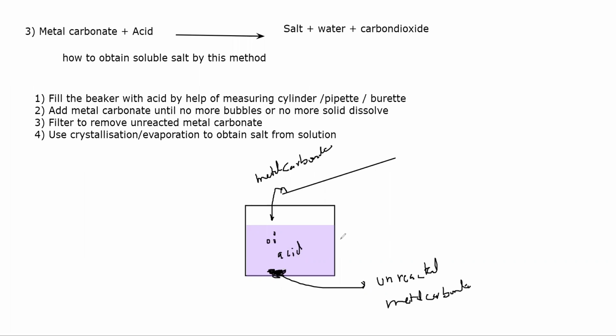So we are left with unreacted metal carbonate, and the acid will no longer be there because the acid is completely reacted and it will turn into salt solution, if it's a soluble salt. And then we'll filter to remove this unreacted metal carbonate, and then we will use either crystallization or evaporation to obtain the salt from this solution. Is the method clear?